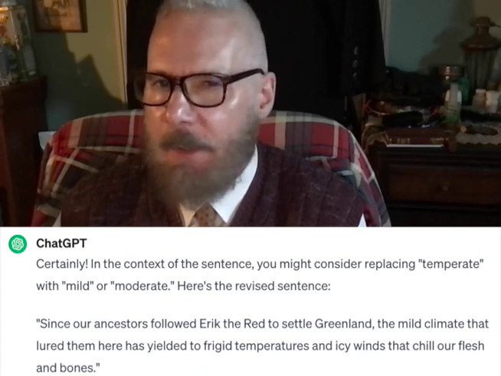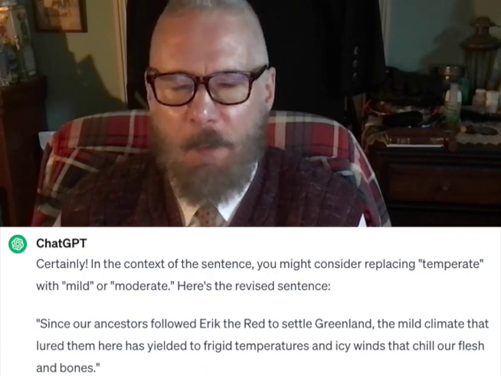So again, we have to make sure that we're still saying the right thing. I used temperate initially because I'm not sure that the climate was necessarily mild. It was just much, much warmer than it is today. But that's not necessarily a very high bar. So perhaps using moderate might actually be a better word choice than mild.